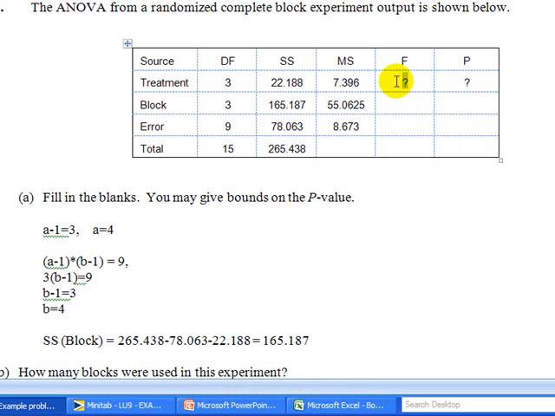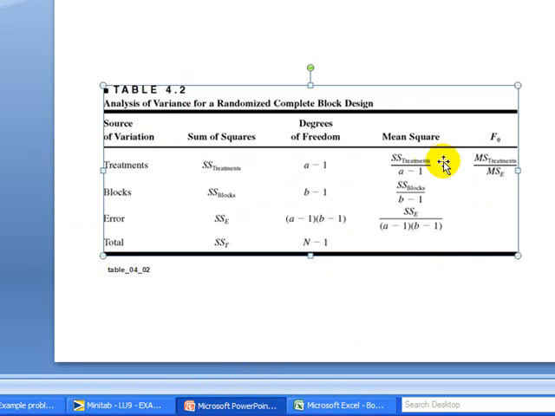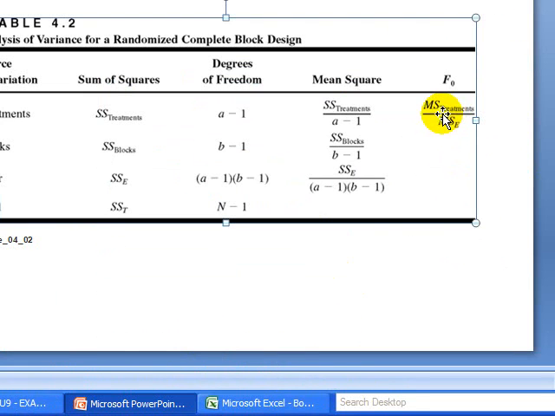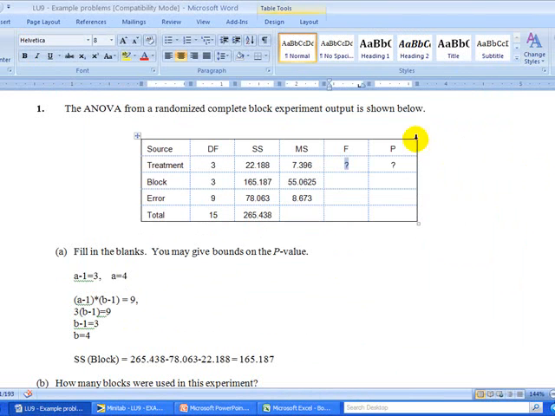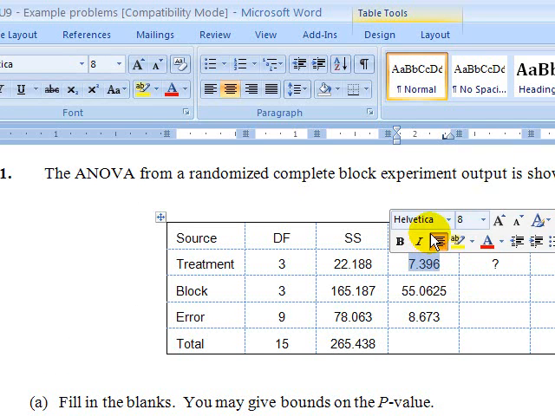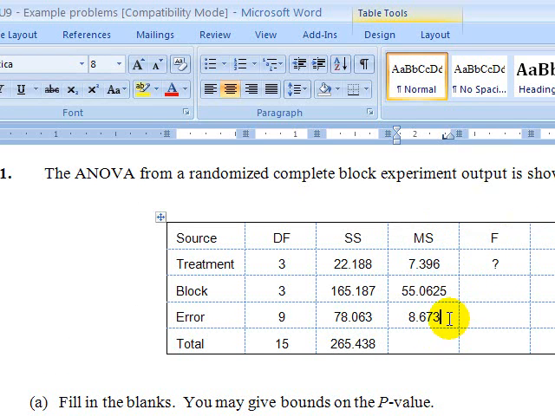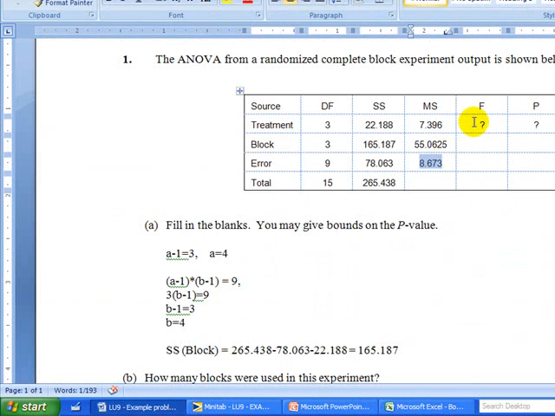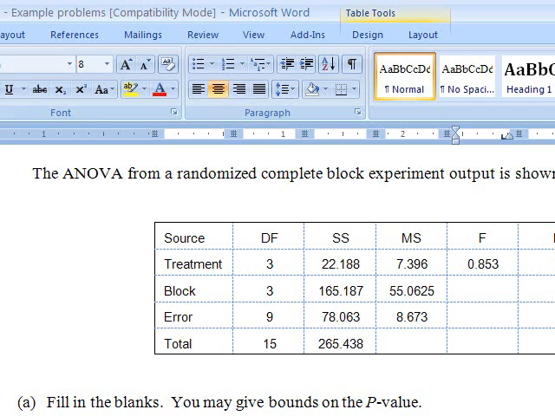Now we need to calculate the f value, and f value is mean square for the treatments divided by mean square for the error, right? So mean square for the treatment, 7.396, divided by mean square for error, 8.673, is equal to 0.853.